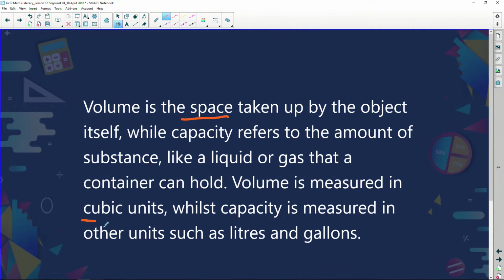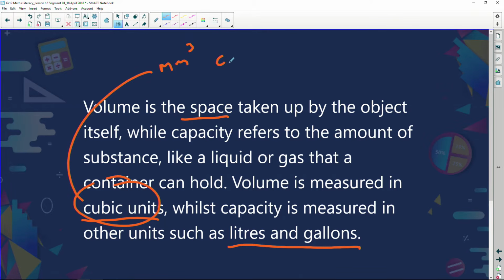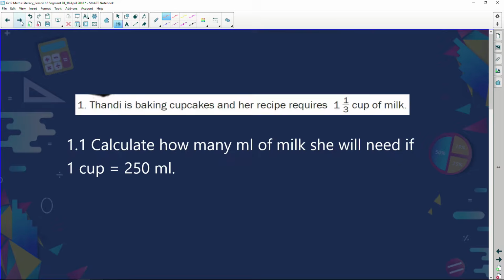Volume is measured in cubic units, while capacity is measured in other units, such as liters and gallons. And please understand that the cubic unit could be millimeters cubed, centimeters cubed, meters cubed, and even kilometers cubed.